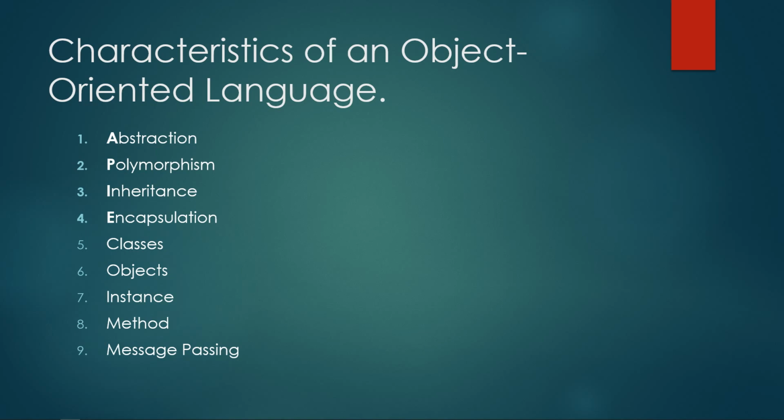Inheritance is basically the reusability and extension of existing classes. What it means is that you can extend the animal class into several other classes, the dog class, cat class, and so on. Then the fourth one, encapsulation. Encapsulation means binding data and operations of data into a single unit. This will again be discussed in a future slide.